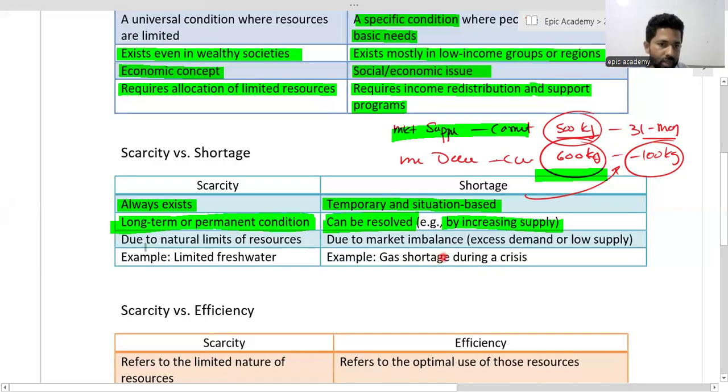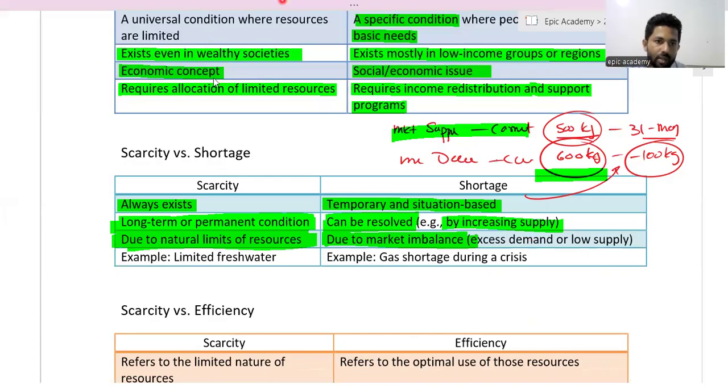On the other hand, due to the natural limits of resources, scarcity will arise. Shortage arises due to market imbalance. Market imbalance means the supply amount is not enough to fulfill the demand.